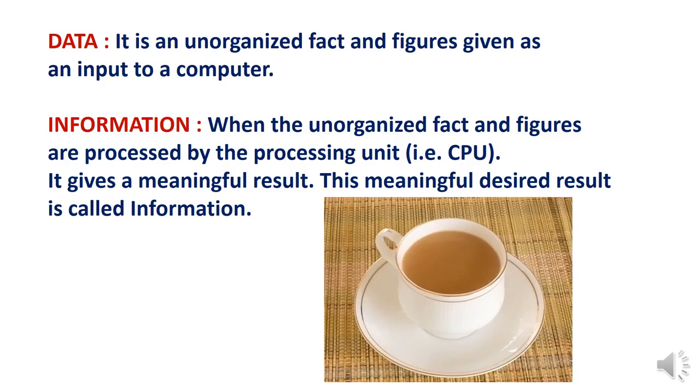We first put the water, then we put the milk, then it boils. After it gets boiled for a certain interval of time, after putting all these things into the pan, a result comes out in the form of a cup of tea.